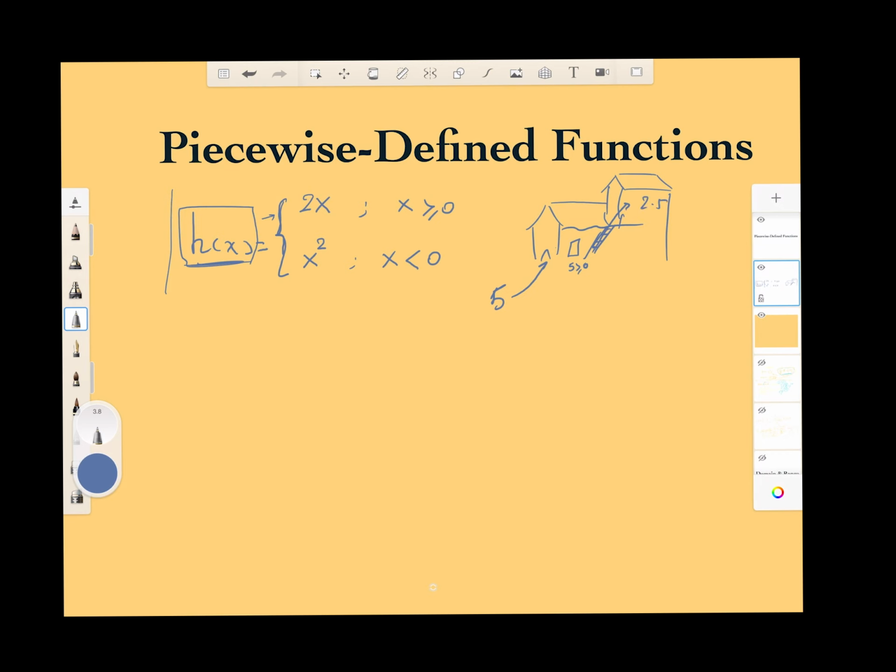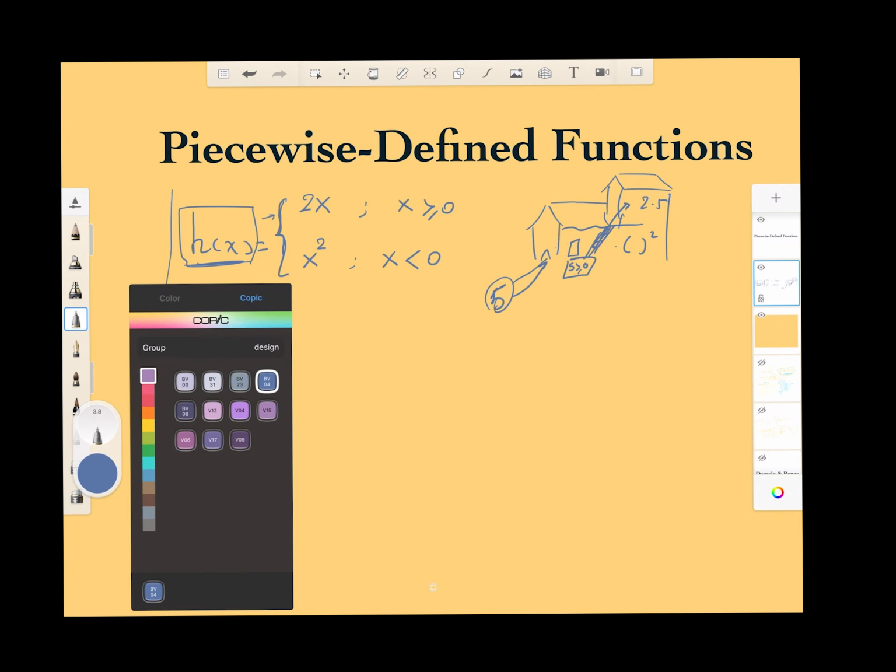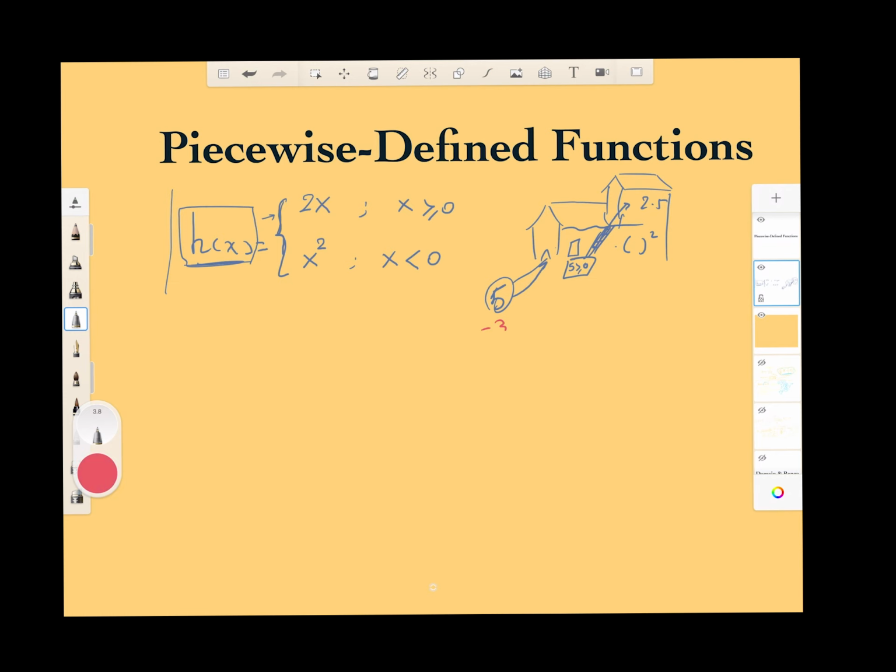If it is less than 0, they're going to just square it. So 5 is greater than 0, it goes up. But if I put in -3, at the gate they check it: is that greater than 0 or less than 0? -3 is less than 0, so it's going to go to the squaring. -3 squared will be 9. So this is visualizing it.